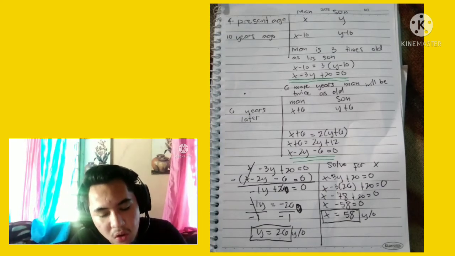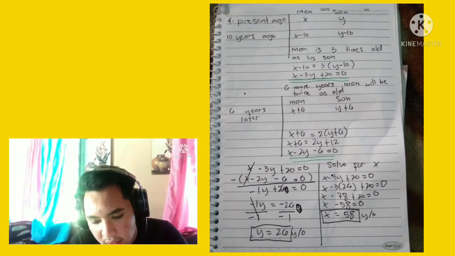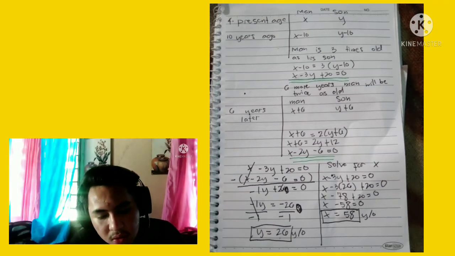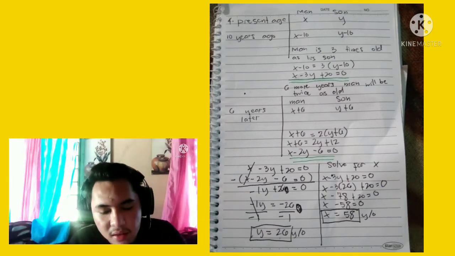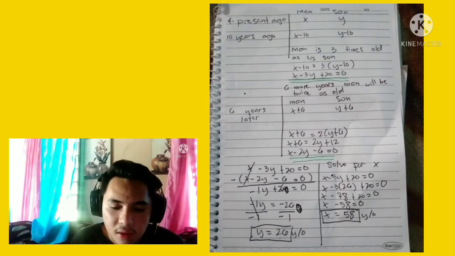So 10 years ago, the man is 3 times as old as his son. So x minus 10 and y minus 10, because it is 10 years ago. Then the man is 3 times as old as his son.